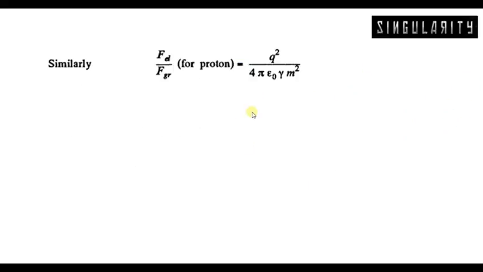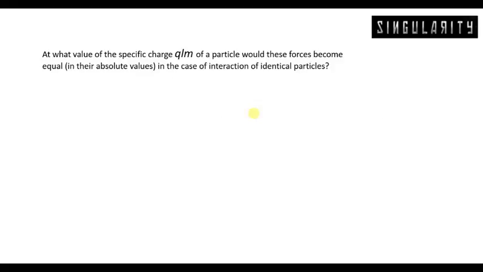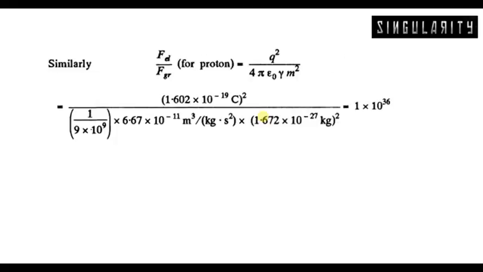Now let's see the proton. For the proton, the formula remains the same. The changes will be for the mass, and the charge of the proton is just positive with the same magnitude. So now let's feed the values. The mass of a proton is 1.672 into 10 raised to the power minus 27, and I verified it. If we calculate it, it comes out to 10 raised to the power 36.